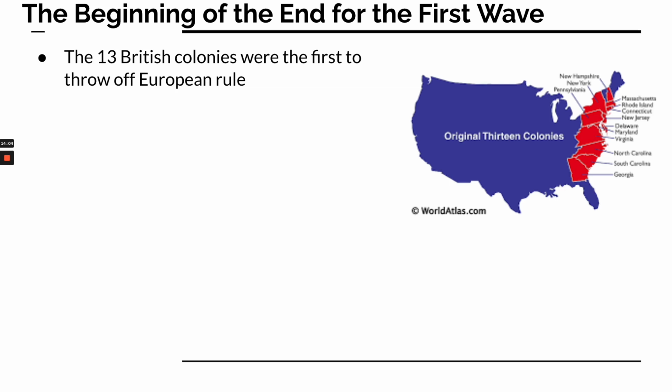Vermont is special, and they were their own independent country for a while. Of course, they are part of the United States now. But if you were wondering, that's your little bit of trivia for today. Those 13 colonies and the Vermonters on their own were the first to chuck out the European rulers.